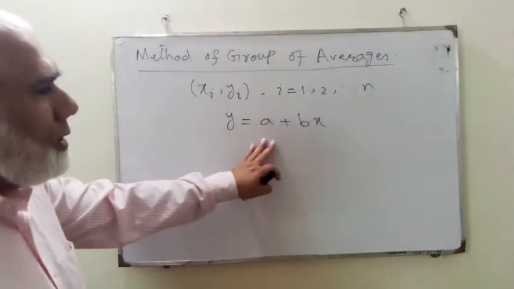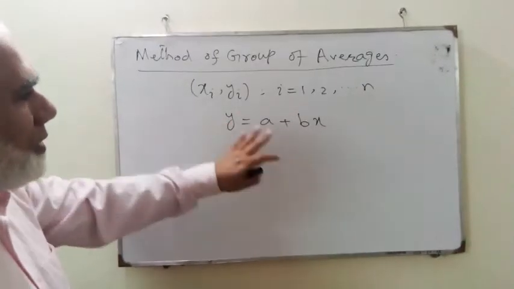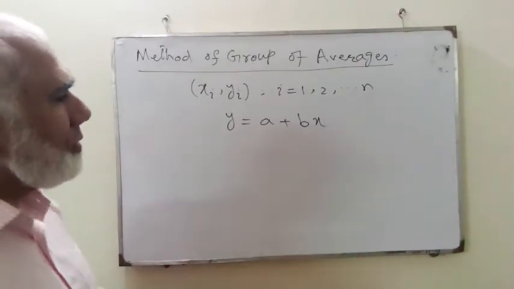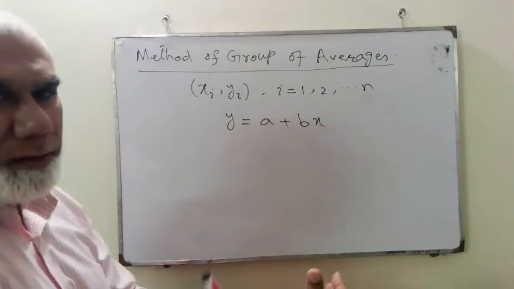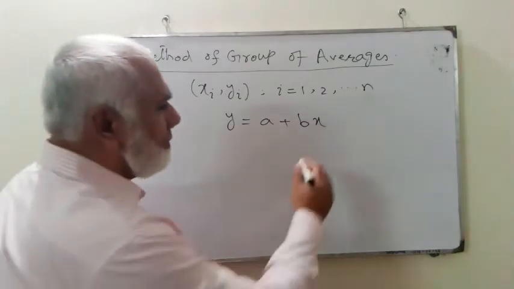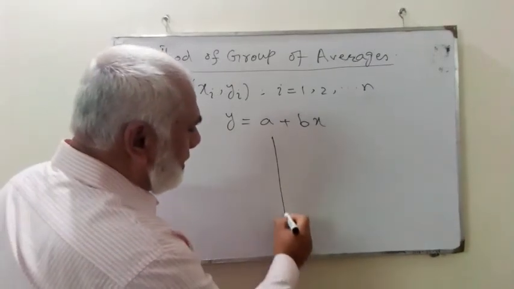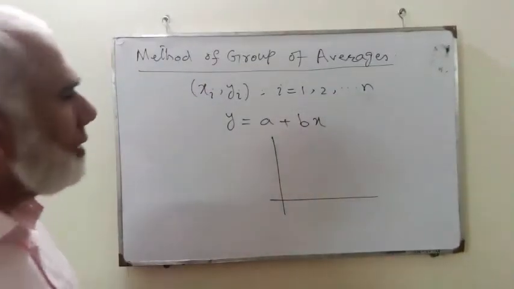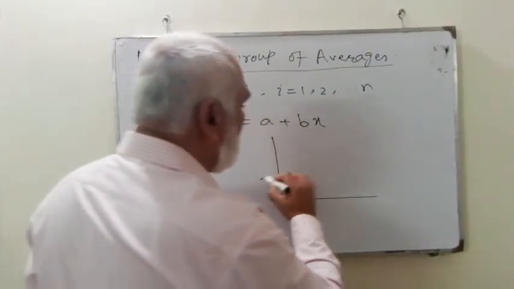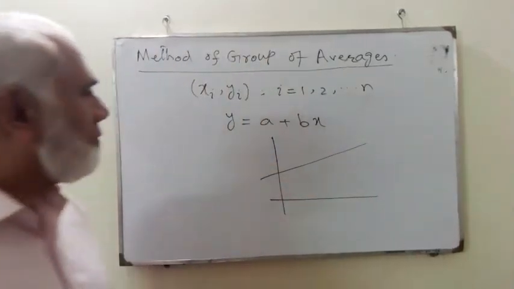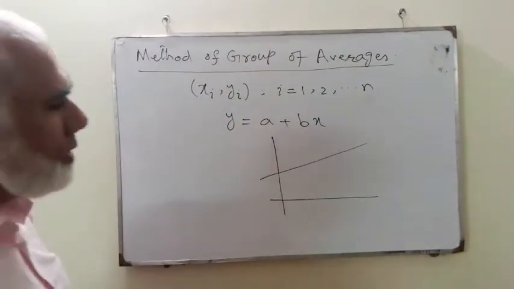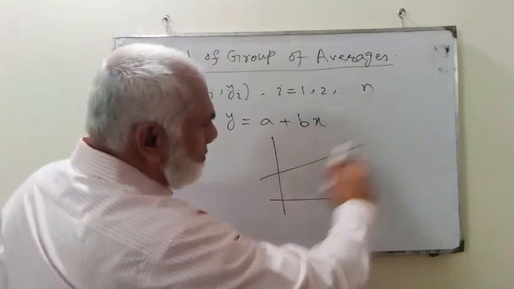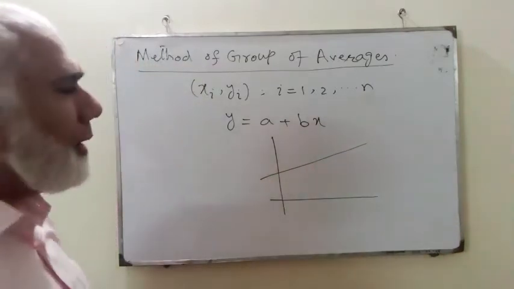Now from this information, if we bring all these results in the form of a graph, just for the learning point of view, suppose this is the plane and the line we are using, y = a + bx, is represented by this straight line.